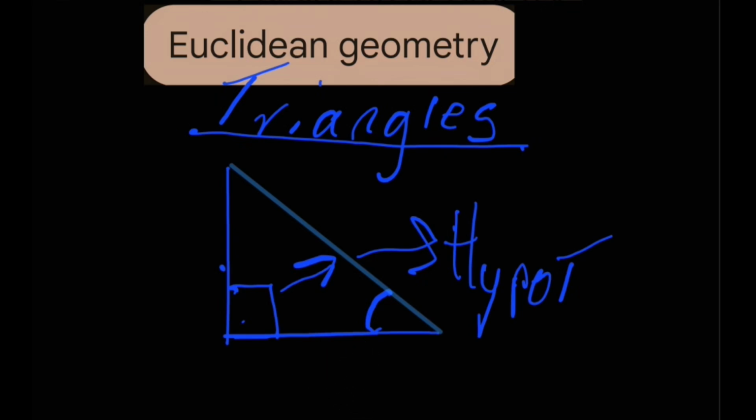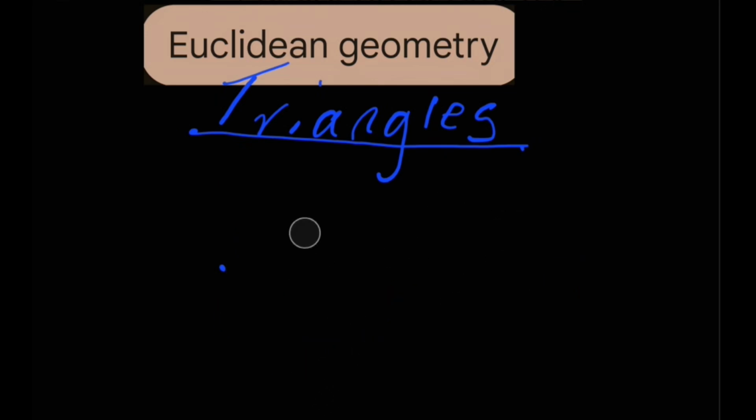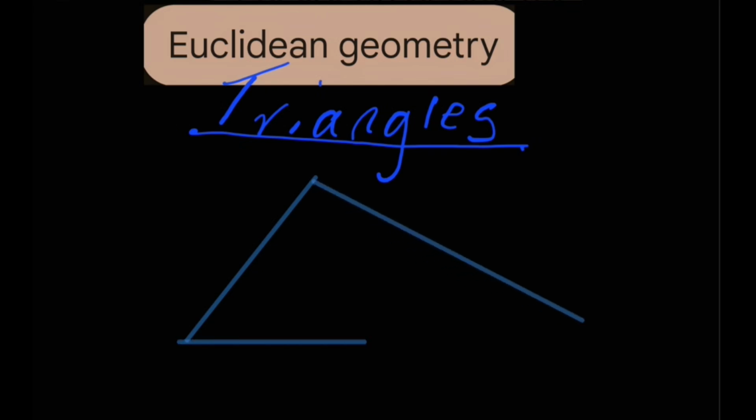And then also, I want to talk about another type of triangle that we have, which is a triangle in which all the sides are not the same. They're all different sides. So in this type of triangle, you can see that none of the sides are equal.